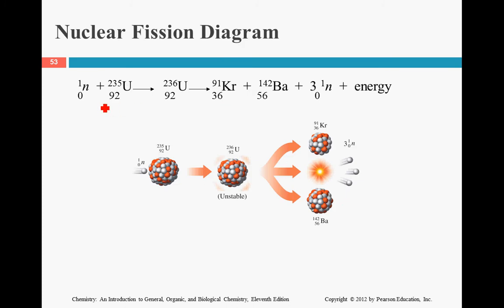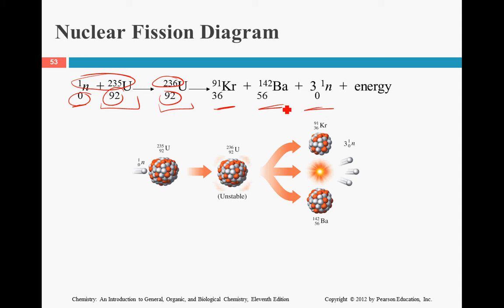So here's our uranium. The one neutron hits it. Notice 1 and 235, it creates uranium-236 in the process. This number down here didn't change, just the top number. And then that creates so much energy, or that's so unstable, that it then breaks down into smaller categories.